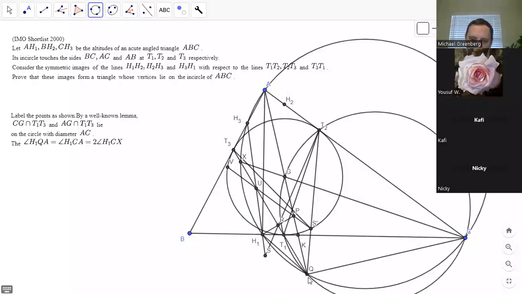And we also said that H1, Q, and C are cyclic because we have 90 degrees, which implies that H1QG is equal to C, which is equal to T1QG, which implies that it's a bisector.